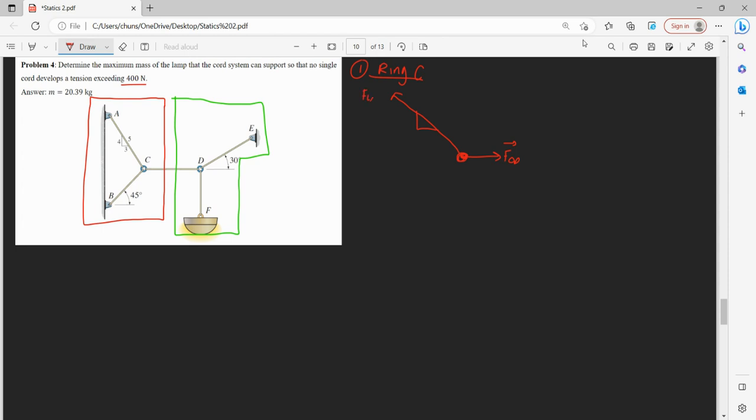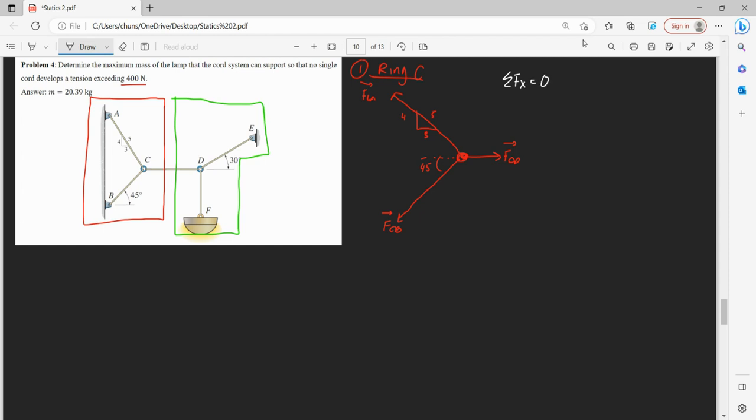This is FCA, 435, and we have FCB. So let's make our x and y equations for this half.